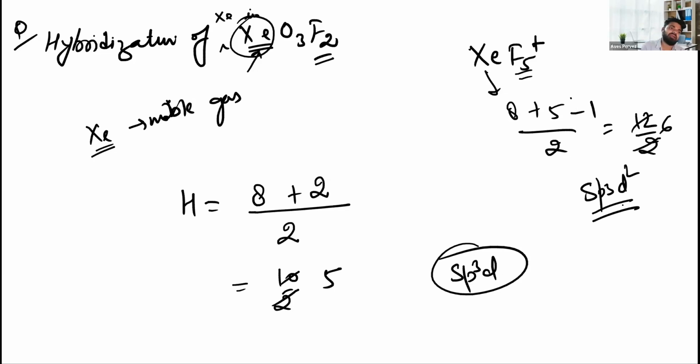Okay. Calculate the hybridization of SF6 minus. Last one. SF6 minus 1. Calculate the hybridization of this one. Calculate it. I will be coming back.